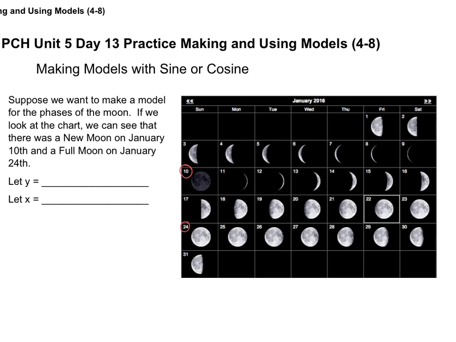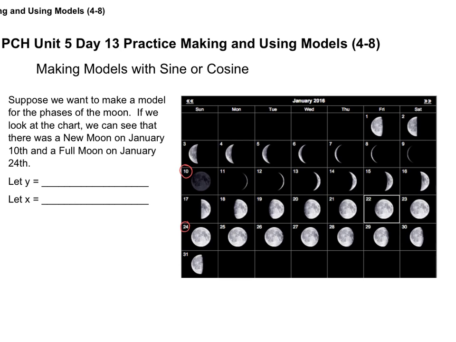Now, before we can create a model, we need to define variables. And obviously, we can't have our variable equal new or full or crescent or gibbous or something like that. All right, the different names for the phases of the moon.